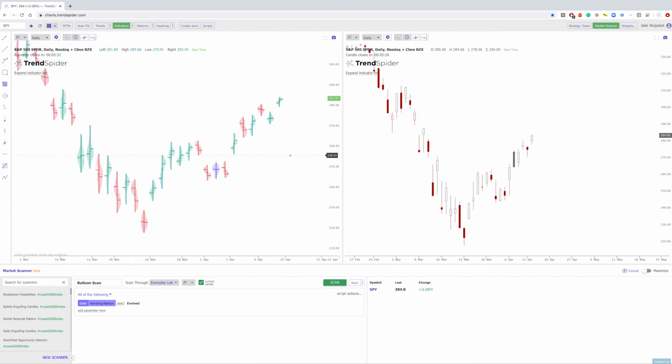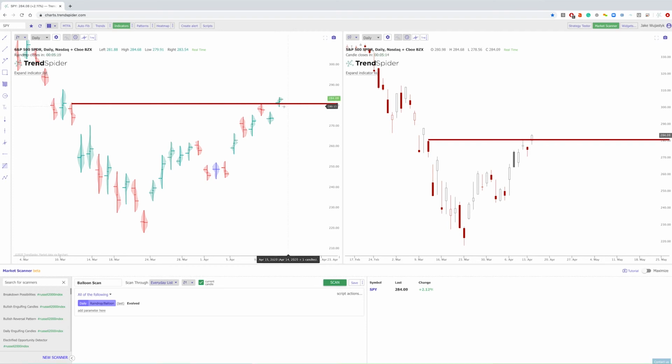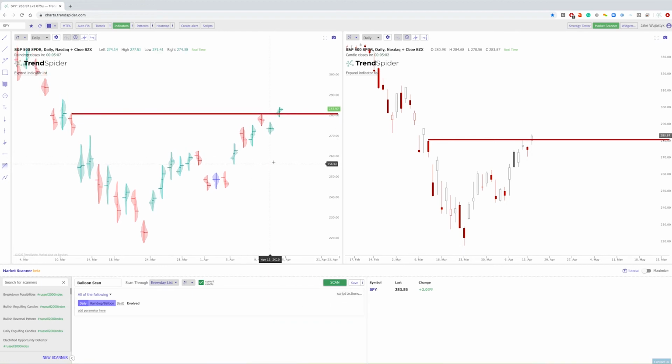If you drew horizontal resistance here, you could consider that possibly a break with volume supporting the move above this trend line. But most of the time I'm looking for a little more volume at the top of the range during the first half of the period, which is the left side as well. Either way, it's interesting to see that SPY is starting to form this type of setup into tomorrow through this horizontal resistance area.